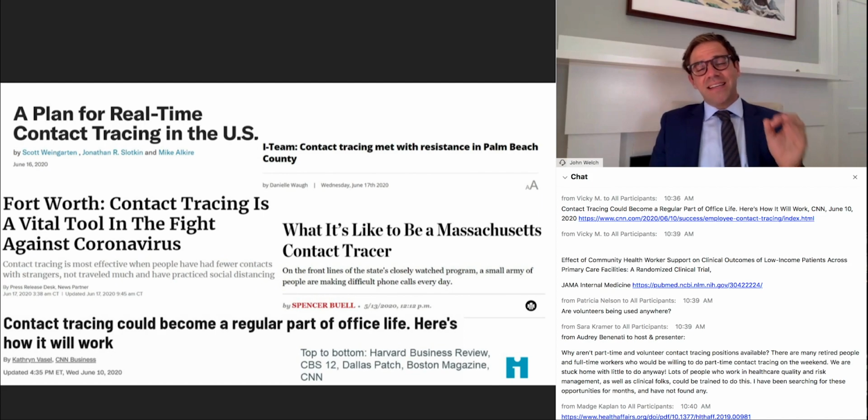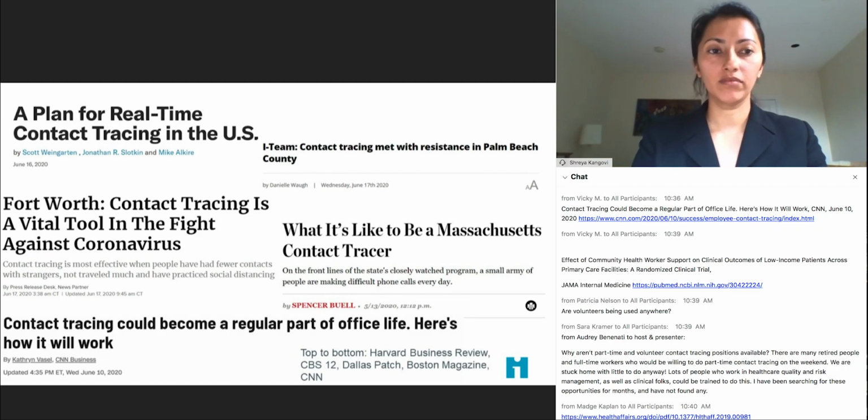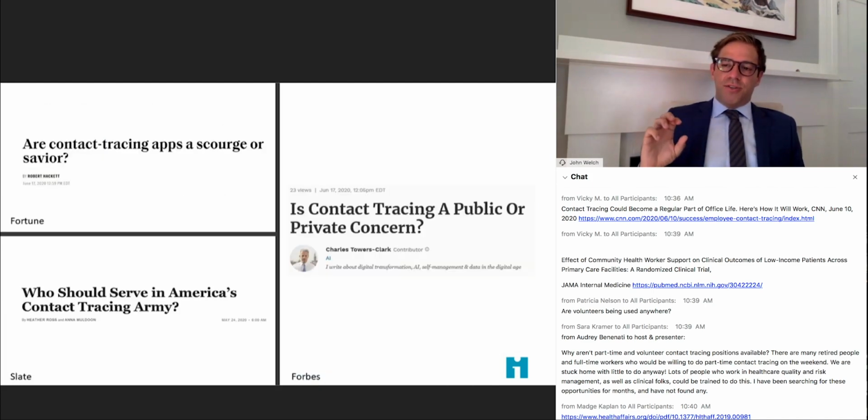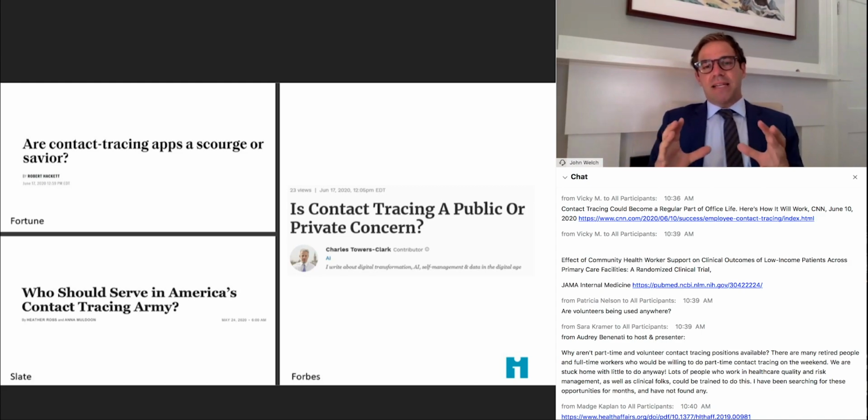But also, I think it does speak to the fact that there's been a general attempt to solve contact tracing with technology. Right? There's been a push by so many to build an app or to just create a technological solution. But I think Shreya would agree with me that all of this work can be technology supported, but it has to be human driven, right?